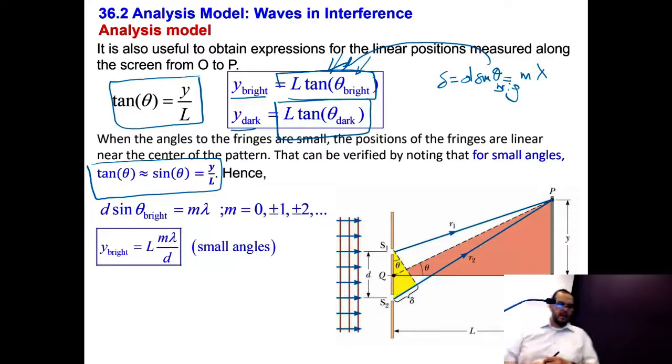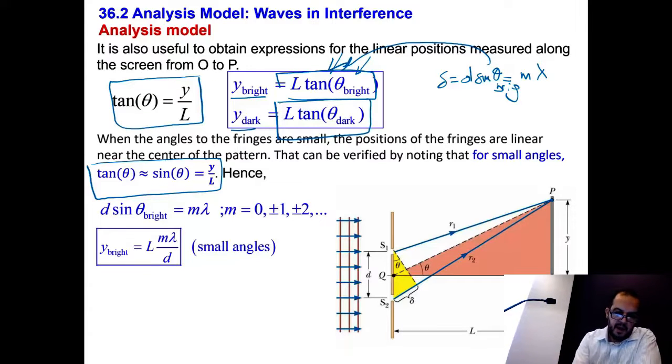So if I have m equal to 0, what is the bright spot here? It will be 0. So this is the first bright spot, but the m is 0. Let's go to m equal to 1. If m is equal to 1, the y of the bright spot is going to be L lambda over d.